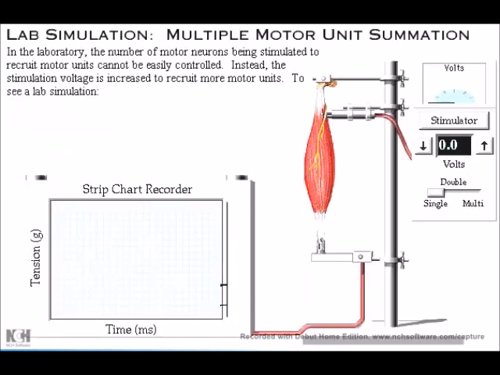In the laboratory, the number of motor neurons being stimulated to recruit motor units cannot be easily controlled. Instead, the stimulation voltage is increased to recruit more motor units.